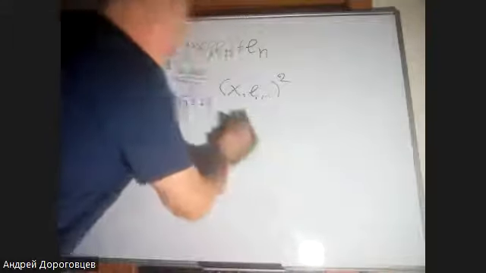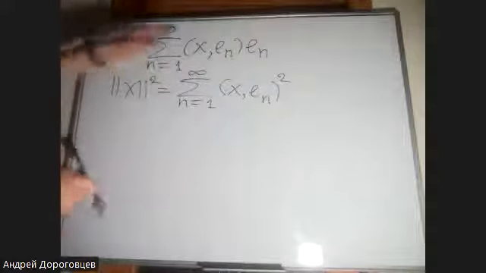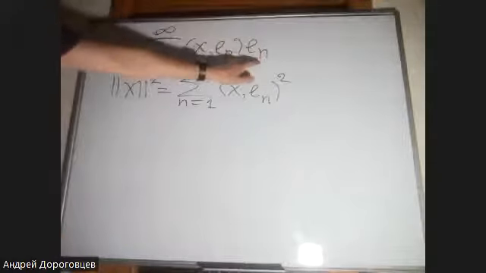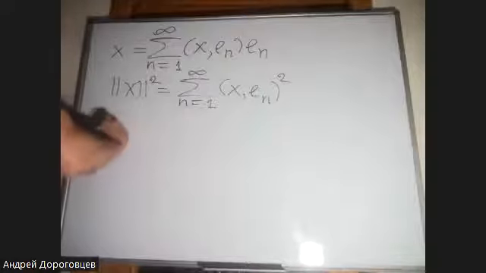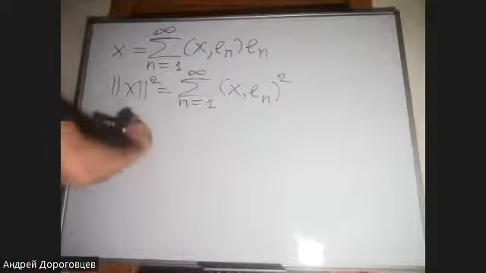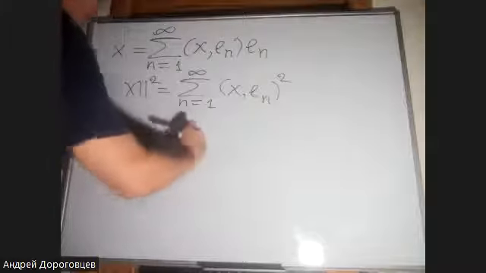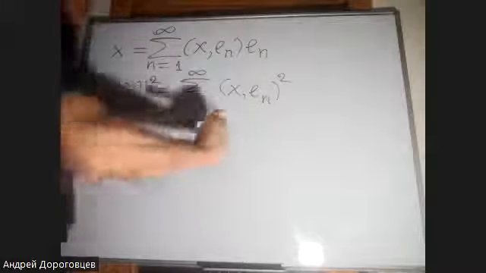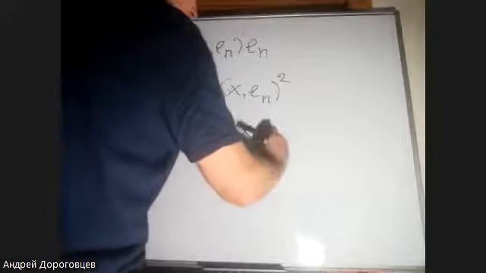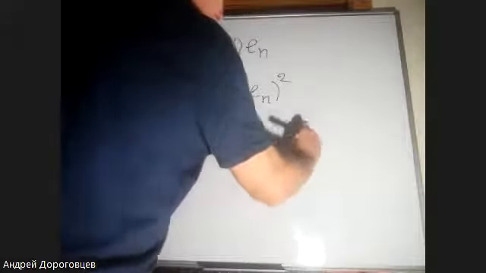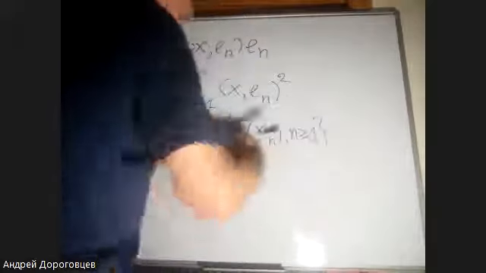If we just fix this basis e_n, then one can say that x in H is in one-to-one correspondence with the sequence (x_n), n greater than or equal to 1, and this sequence is an element of small l2.